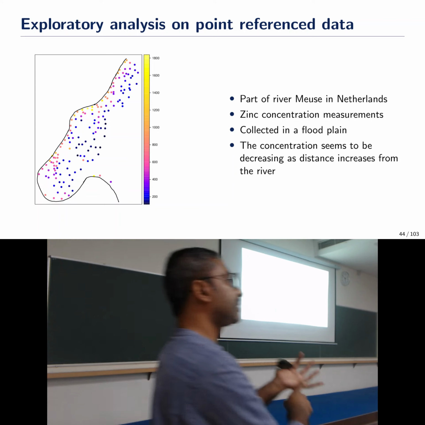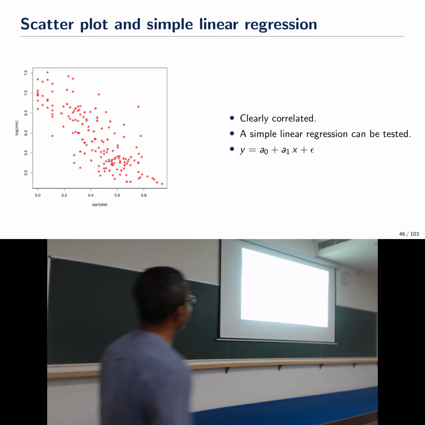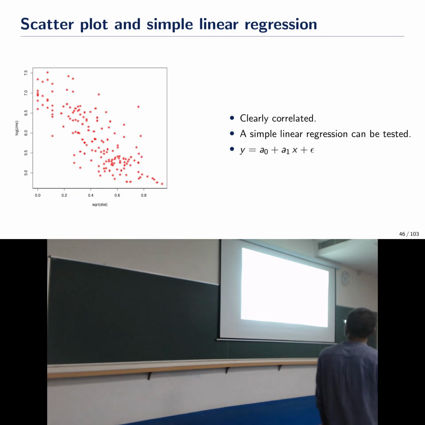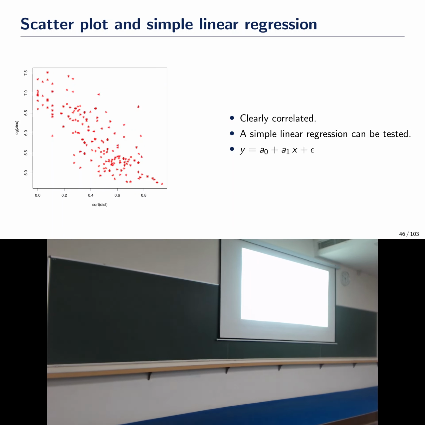You see that you have this zinc concentration and you obtain the information that as the distance increases, the zinc concentration decreases. I was very excited: linear model, so let's do linear regression. I plotted the distance against the log of the zinc concentration. Yes, there is a nice negative correlation. All of us know this simple linear regression.